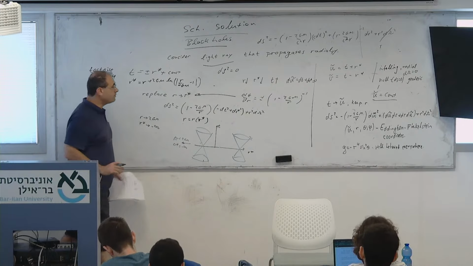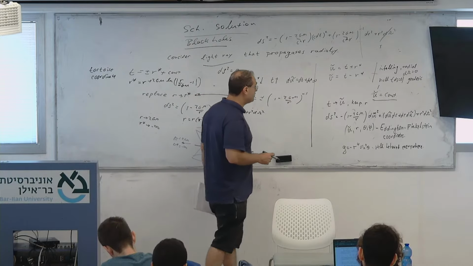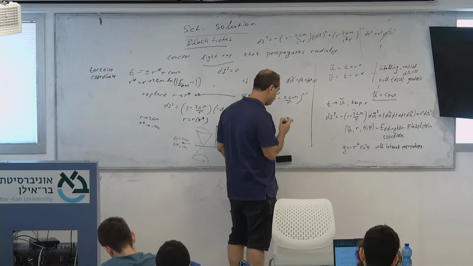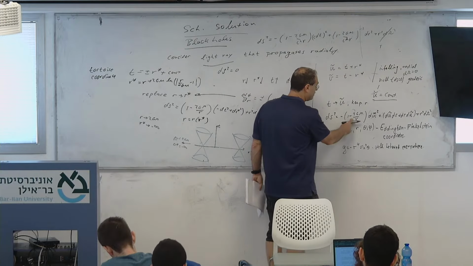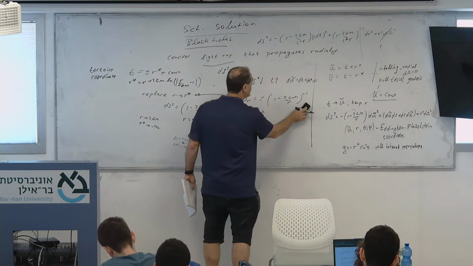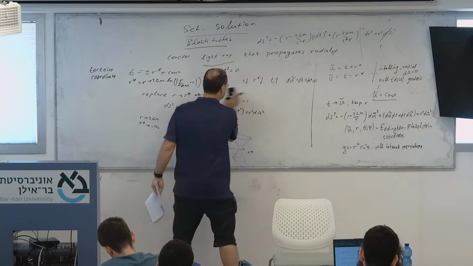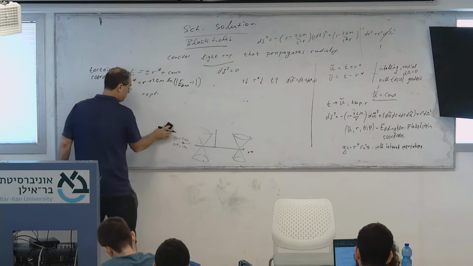So because it's well behaved, we can now extend the range of r to below 2GM, to every value of r which is greater than 0.